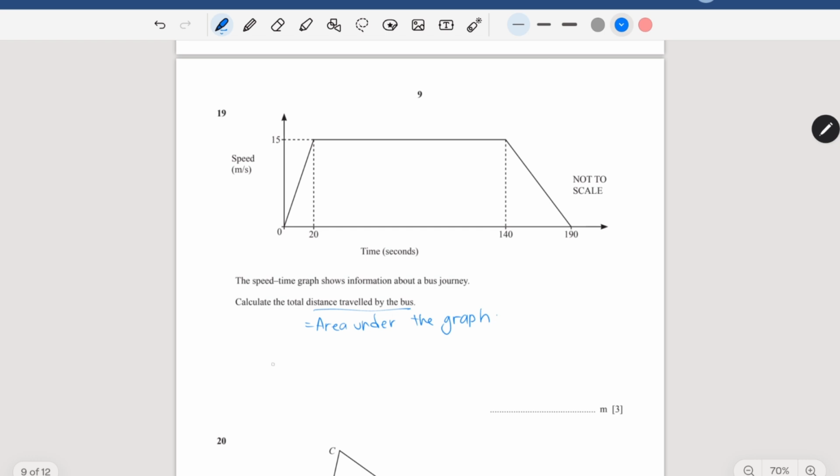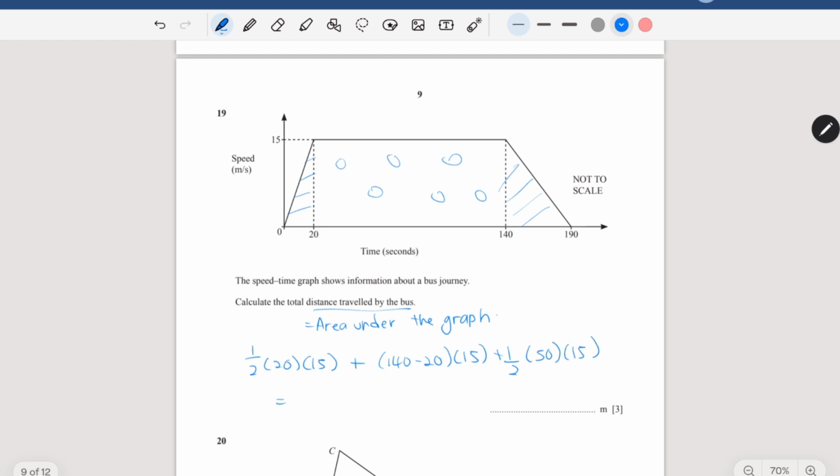So how to find the area under the graph? Initially we have a triangle as the first shape, then a rectangle over here, and another triangle over here. So you find the area of the triangle, half times 20 times 15, plus the area of the rectangle, 140 minus 20 times 15, plus the area of the triangle, half times 190 minus 140, which is 50, times 15.